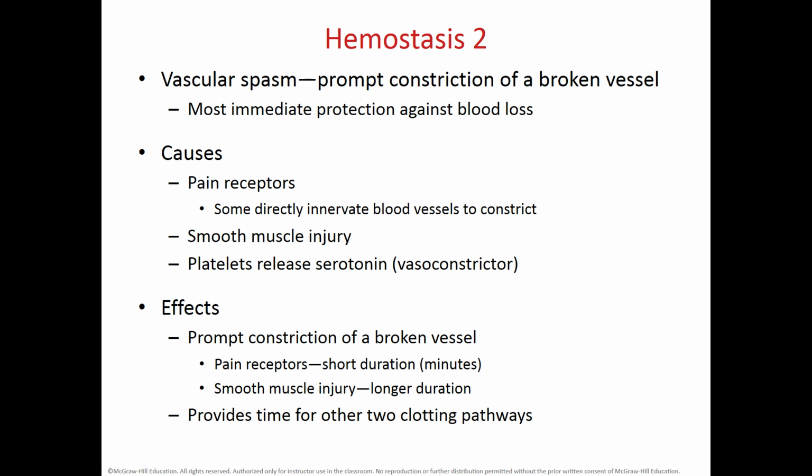So the most immediate step towards preventing blood loss is the vascular spasm, and causes for vascular spasm will be activation of pain receptors that are directly innervated by nerve cells that are going to lead to this constriction of the blood vessels, and then you have a smooth muscle injury within these smooth muscle cells that surround these blood vessels, and also you have the platelets releasing this chemical serotonin that is going to lead to vasoconstriction.